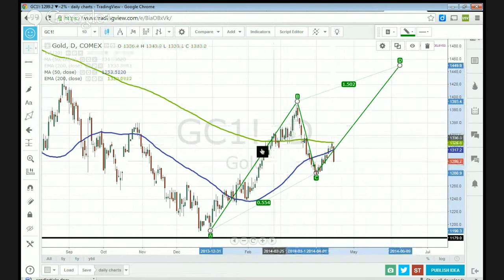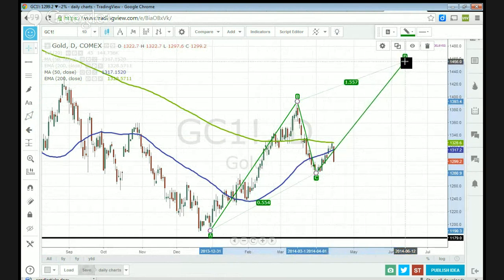So the distance from A to B equals the distance from C to D. 55% retracement here, 1.5. If we go 55% higher, you could actually argue it's going to be somewhere between 1455, 1460, somewhere around there. Let's just call it 1450.